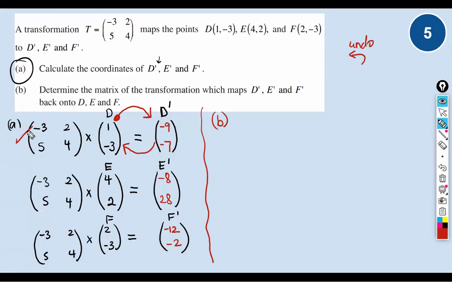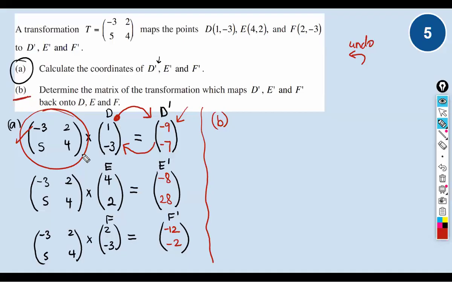The inverse of a matrix, when applied to a point, will undo it. It will move it back to the original position. It reverses the process. So if you take the inverse of this matrix and multiply by D prime, you will get back the original point D.